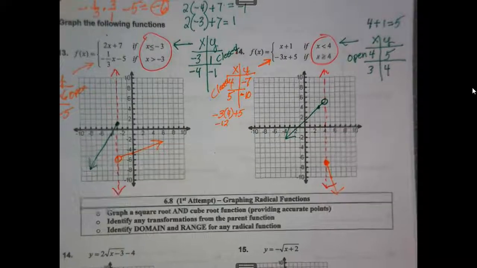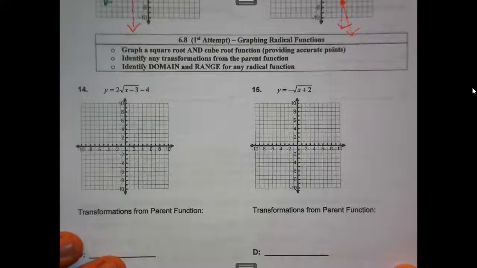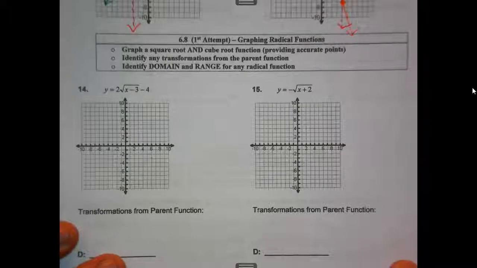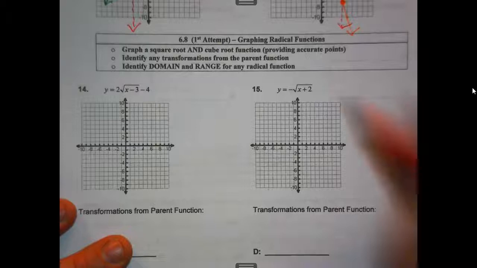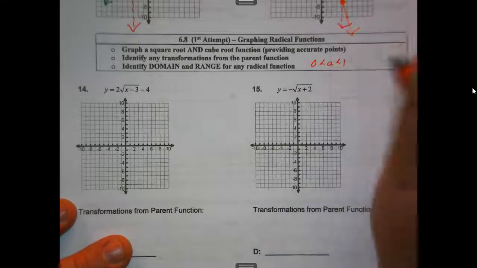You have to use your memory. It depends on what we're talking about. Now, if you do radical equations, it's opposite the absolute value function. So if it's a fraction between 0 and 1, it's not going to widen it.